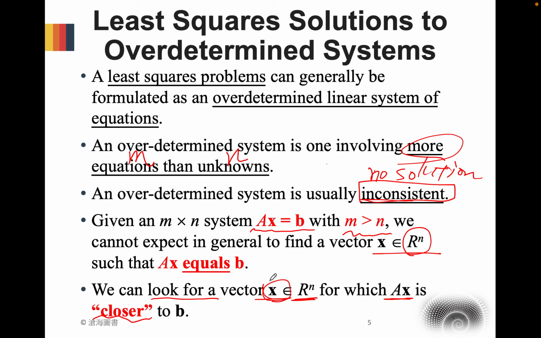And this kind of vector, the vector x hat, so that Ax hat is close to b, is the so-called least squares solution.